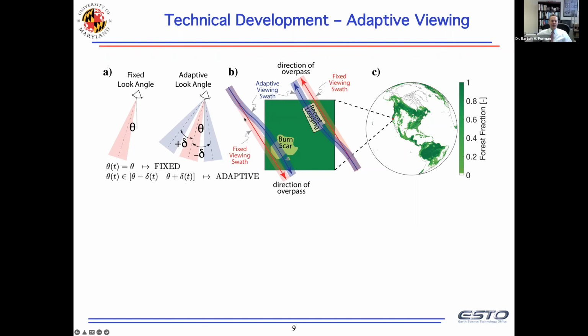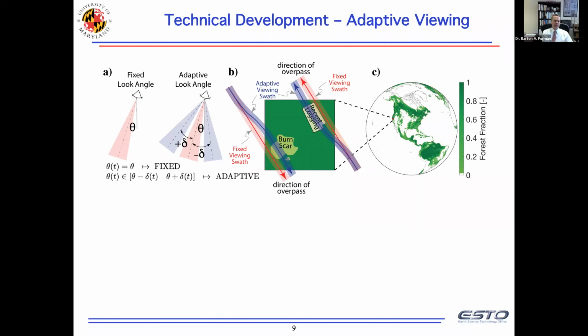And with the fixed viewing shown in red, well, we might see a little bit of that burn scar, or we might see a little bit of that logging operation. But if we could turn or slew the sensor ever so slightly, perhaps we could preferentially view the areas that have more hydrological value to us and could be perhaps more beneficial in our model.